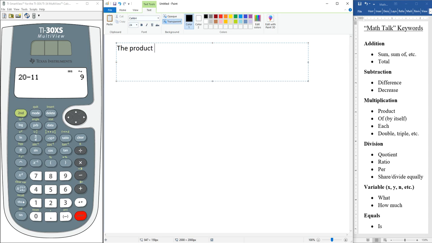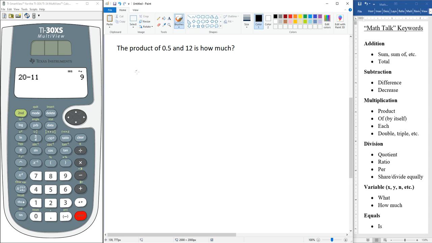The product of 0.5 and 12 is how much? Okay, let's try that. So here we go. Back to brush. Perfect.